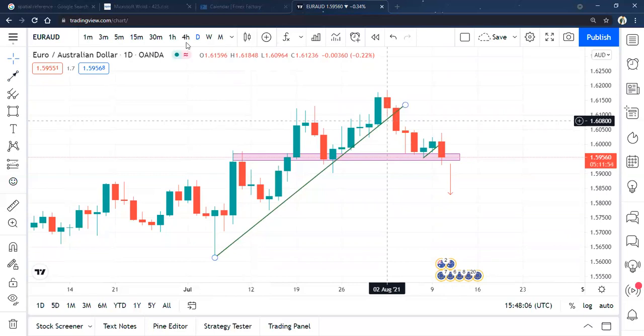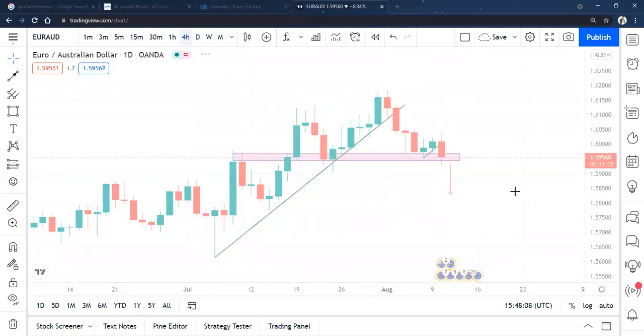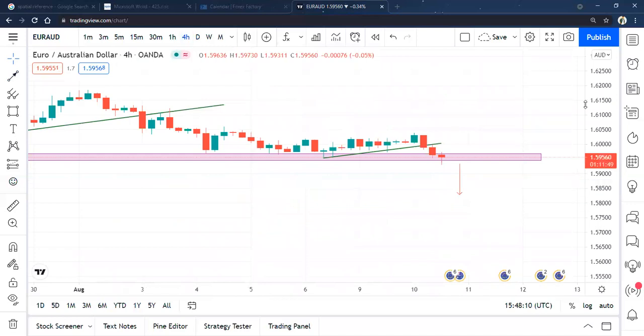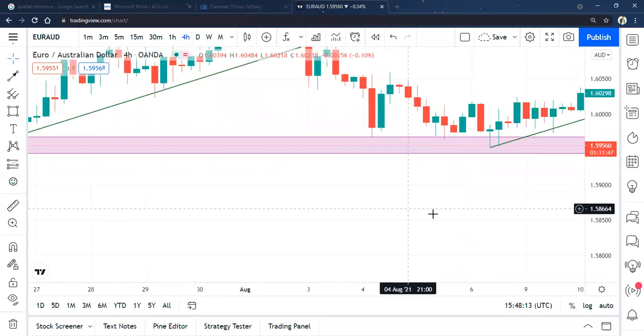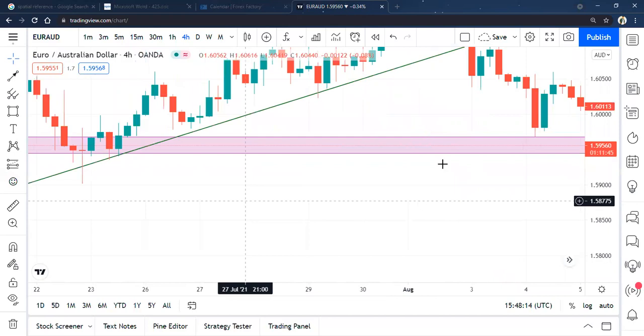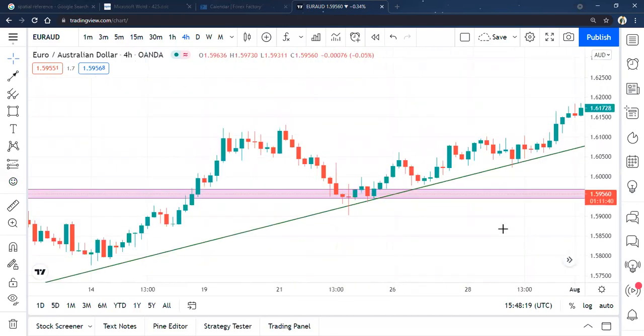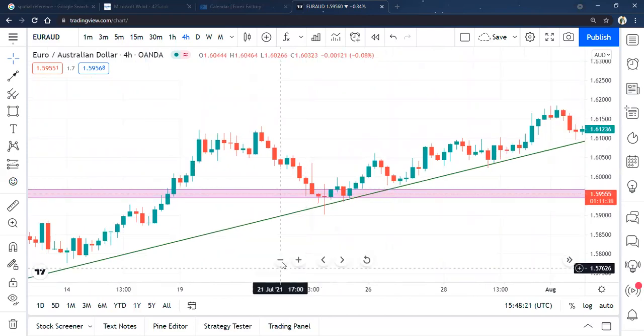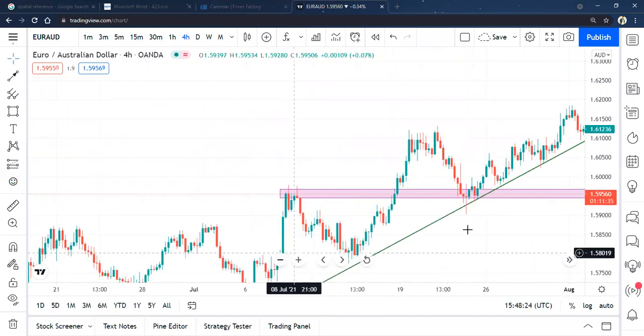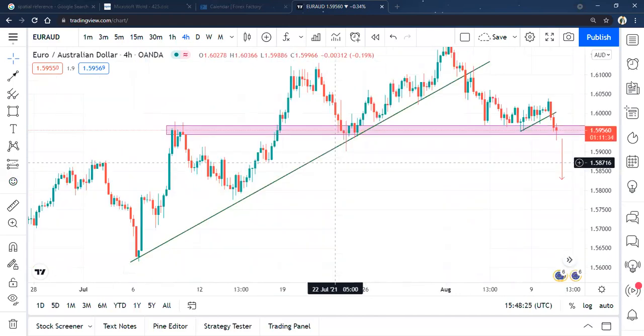Let me go to 4 hours. If we view it in the 4-hour candle time frame, let me reduce it further so that you can see properly.